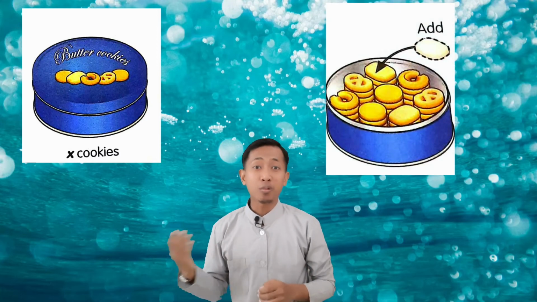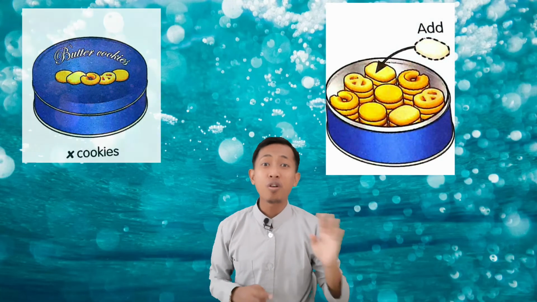Okay, let me show you how to answer this question. Let's use x to represent the number of cookies in the tin. And I put one more cookie in the tin. Same as the question before, 4 plus 1 is 5.